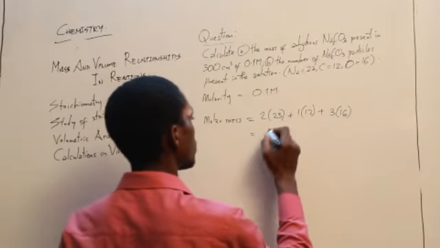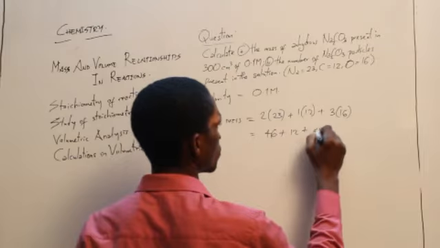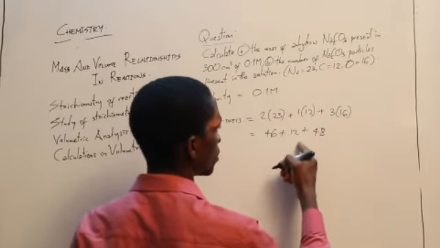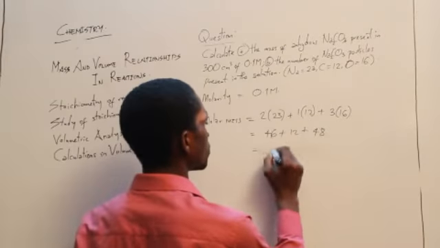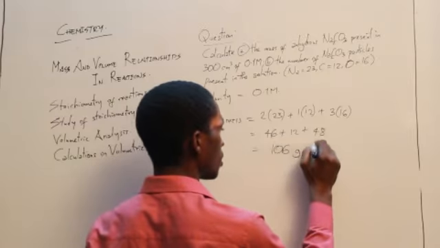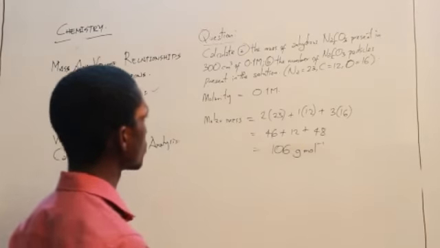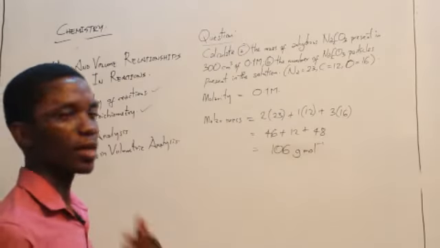So this is 46 plus 12 plus 48. This is 60, 100, and which is equal to 106 grams per mole.